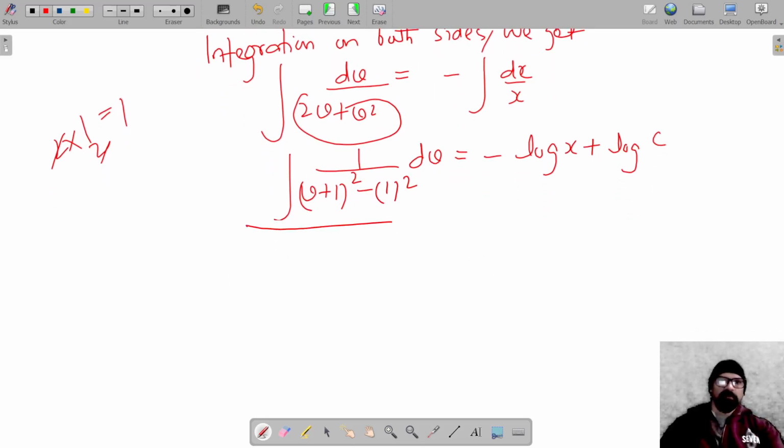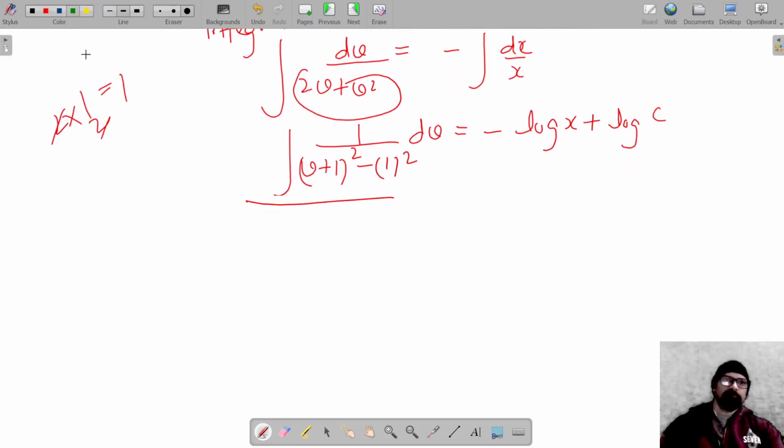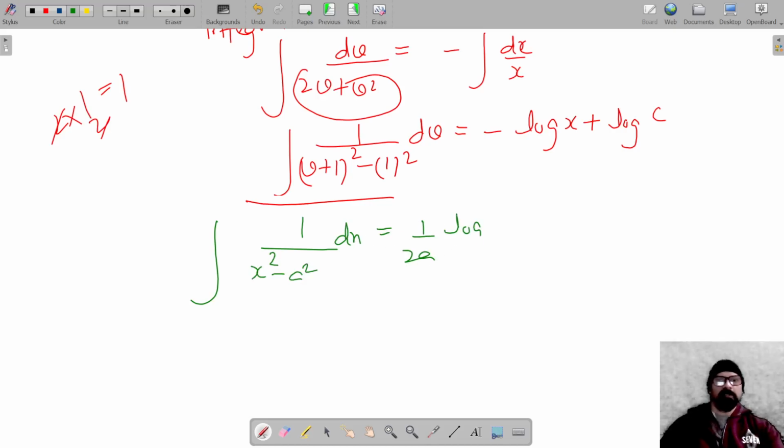Okay, now this integration is of the form, I'm going to use here the formula, which is integration of 1 upon x square minus a square into dx, and that is 1 by 2a into log of x minus a upon x plus a.